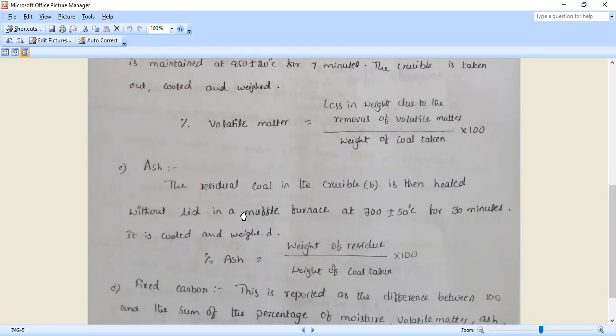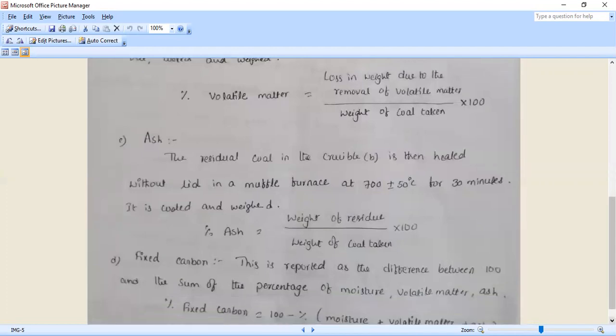Coming to ash content, we take the coal powder into a crucible without lid, then heat it in the muffle furnace at 700 plus or minus 50 degrees Celsius for half an hour. After that, we cool the crucible. The percentage of ash equals weight of residue divided by weight of coal taken, times 100.